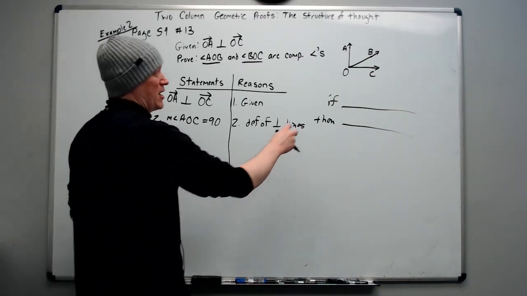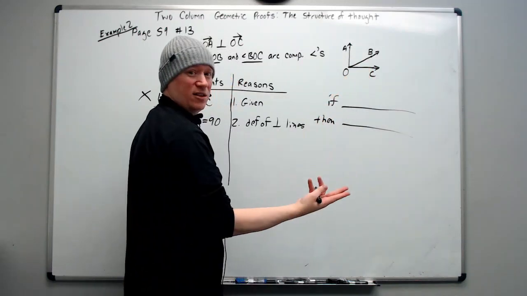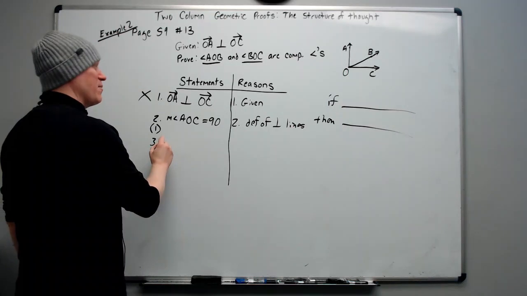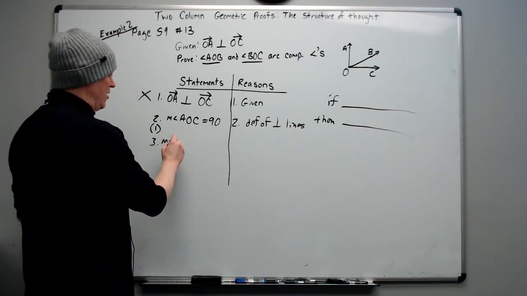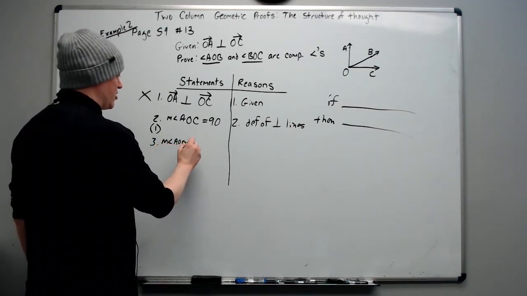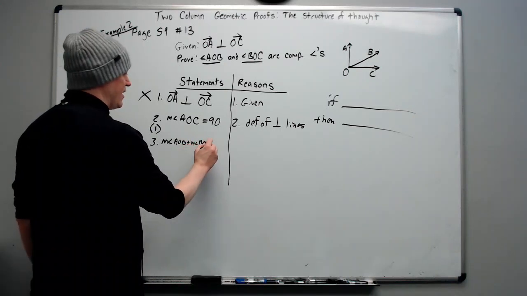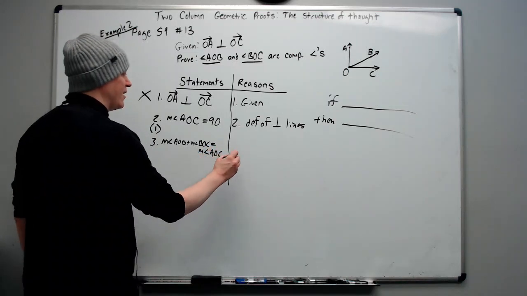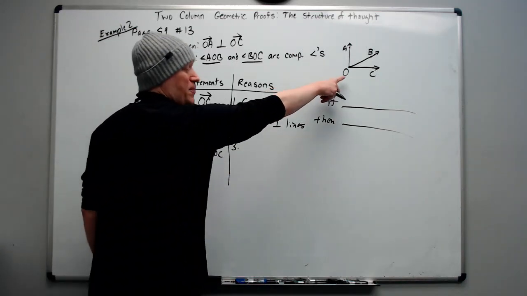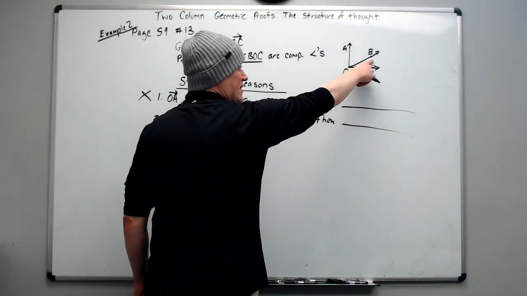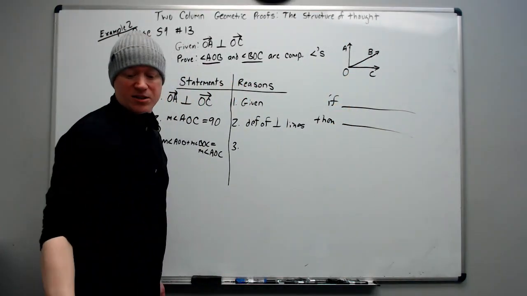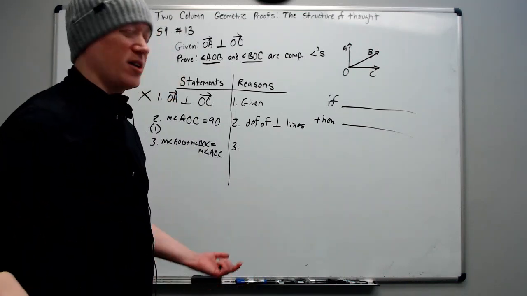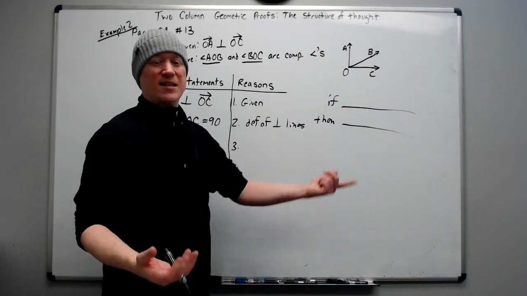The angle addition postulate can take two smaller angles of a larger angle and combine them to make the larger angle. So you will now say the measure of angle AOB plus the measure of angle BOC is equal to the measure of angle AOC. And this is based on the picture. It's because B is in the interior of angle AOC, which, if you look at the angle addition postulate, is one of the things that you need to have. We showed it in the last proof.